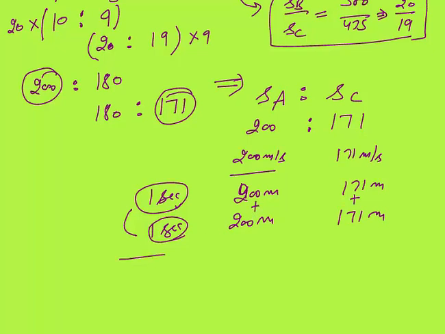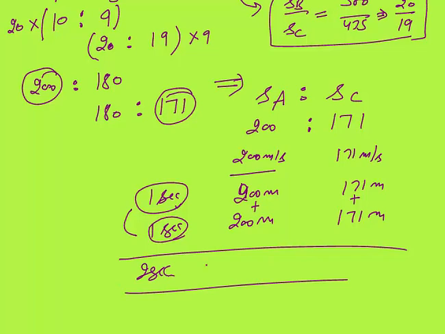So in 2 seconds, A will cover 400 meters, C will cover 342 meters. So when A covered 400 meters, A won the race.